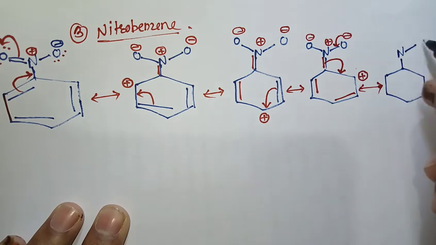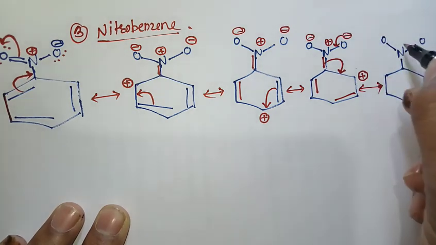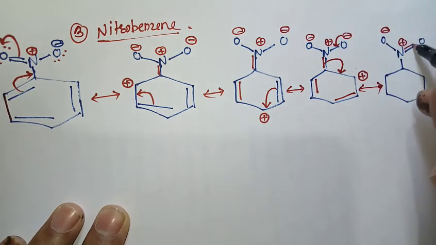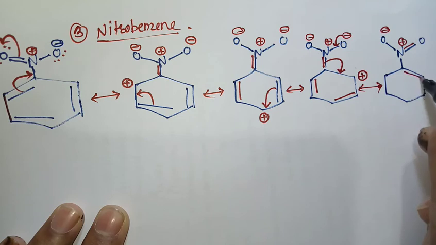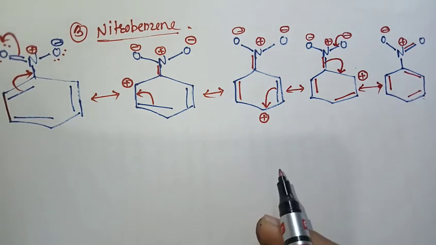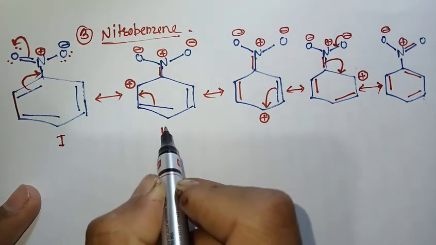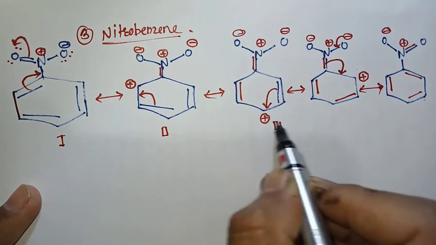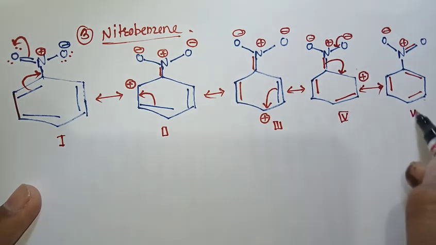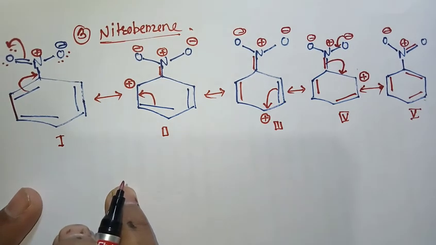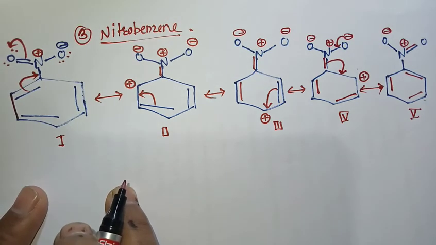Nitrogen, oxygen, oxygen, positive charge, negative charge over here, and it forms a bond. This is a new bond formed. So this is the 5th structure. Okay, so we will get 5 structures from the resonating structures of nitrobenzene.